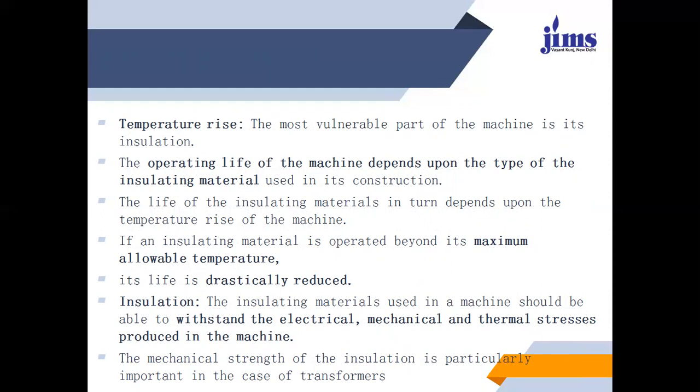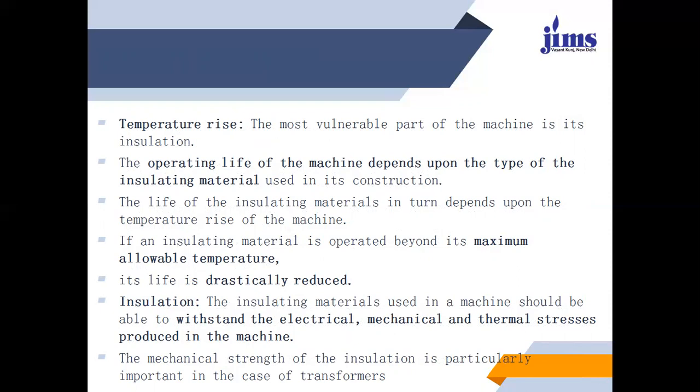Because whenever it does not release the heat, the material which is conducting the current will heat up, and automatically the life of that material will reduce. Also the life of the entire machine depends upon the insulating material, which type of material we are using and what the nature of the material is.